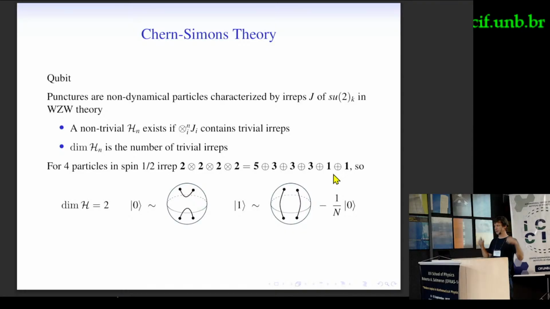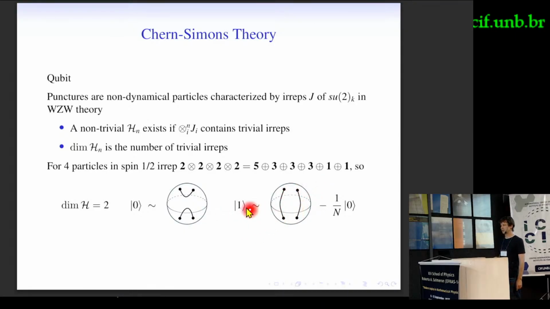Well, in the volume of this 3-ball, these punctures, charges should be connected by lines, the Wilson lines, and the fact that every Wilson line should start and end in a charge, you can interpret as producing a singlet. So here, for example, the line connecting these 2 points means that the 2 charges are in the total singlet state. These 2 here are also in a singlet state. So this will be an example of a state in this 2-dimensional Hilbert space.